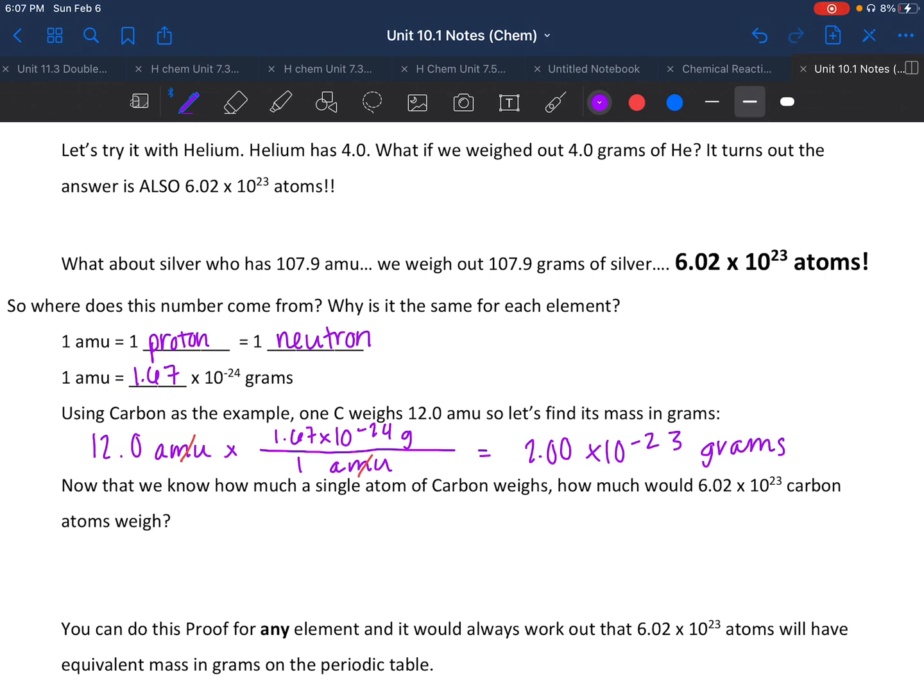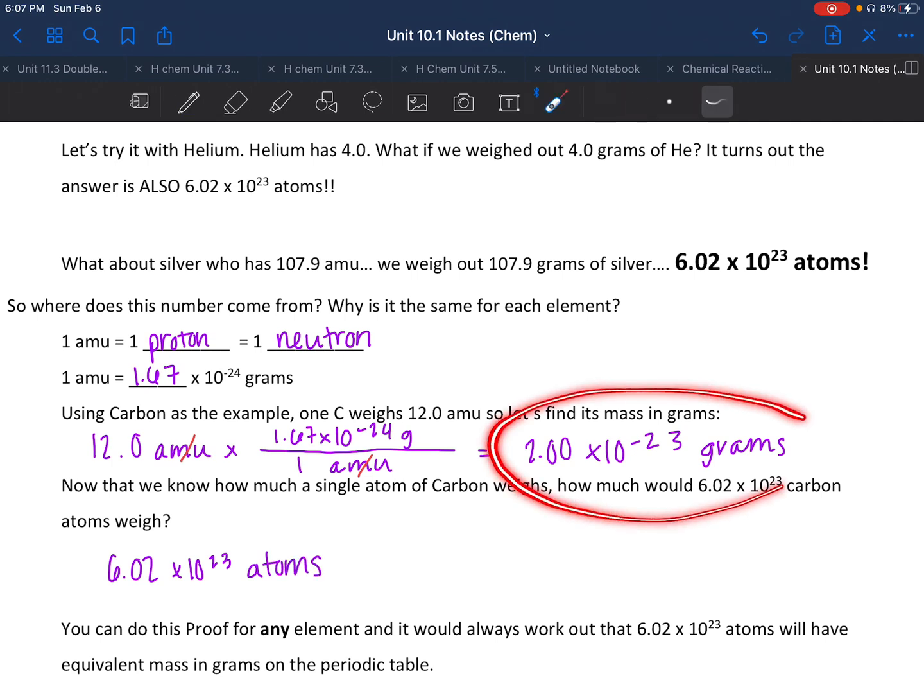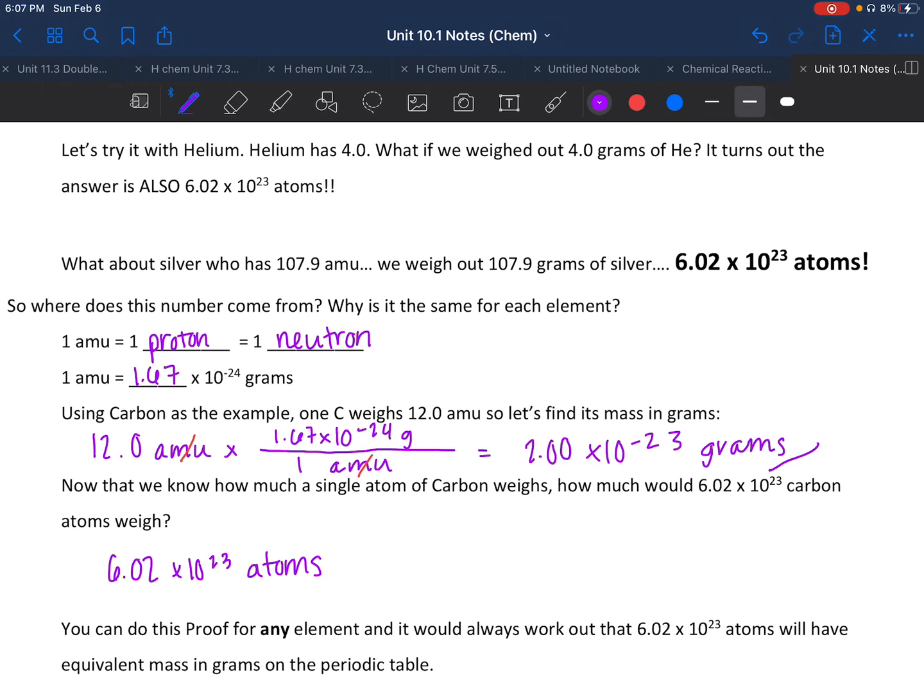Now that we know how much one weighs, let's figure out how much that fancy little number, 6.02 times 10 to the 23rd atoms, weighs. If you have 6.02 times 10 to the 23rd atoms, this mass that we just found is technically per one atom of carbon, so we can use that as a conversion factor as well.